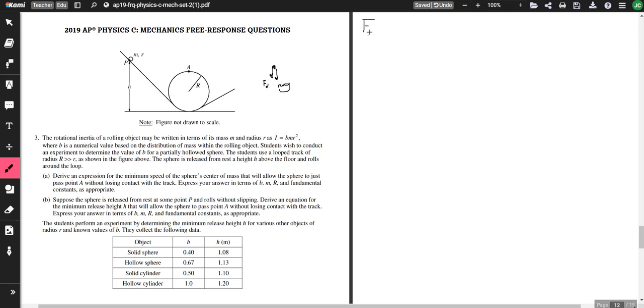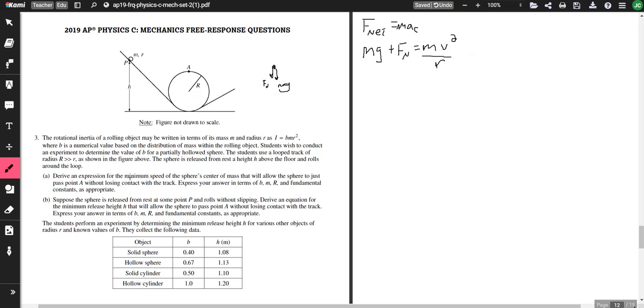F net equals ma is, of course, the equation I always start with. The net force is going to be mg plus the normal, and this is going to be equal to m v squared over r, because it's moving in a circle, so that acceleration is the centripetal acceleration.